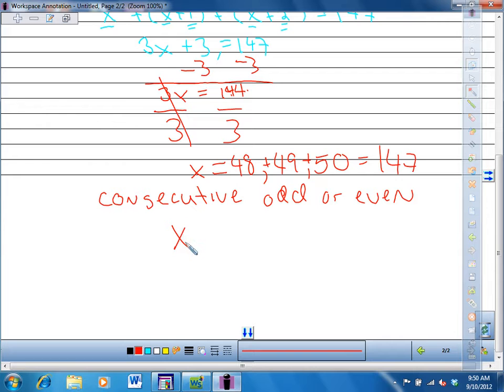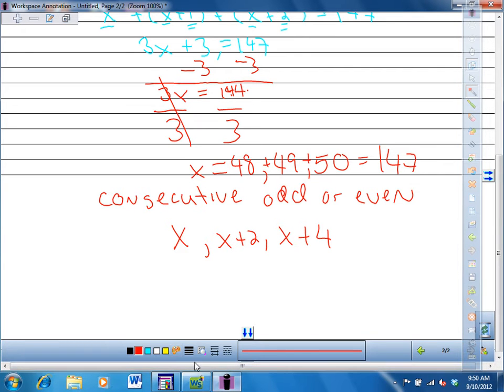How much do I need to add to x to get the next odd integer? 2. So the next one would be x plus 2. What would be the next one after that? Not 6, x plus 2 more than 2, which is 4, right? So if they say 3 consecutive odd integers or even integers add up to some number, that's the way you'd set it up. Okay?